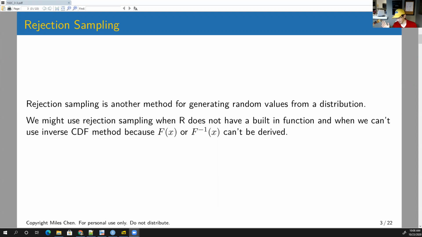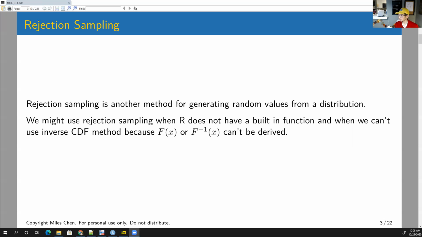Okay, so rejection sampling is another technique that allows us to generate random values from a given distribution, which is a key and central idea in Monte Carlo methods. We saw, at a very basic level, the linear congruential generator for generating random values from the uniform distribution.